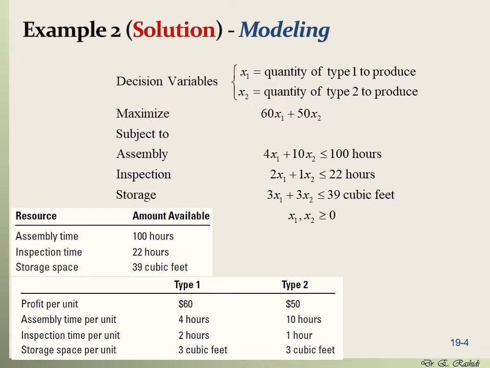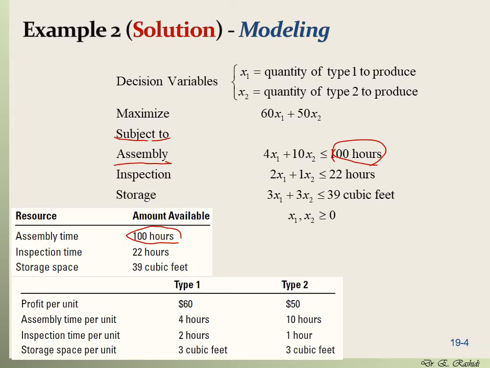Next we have the constraints, so subject to our constraints. The first is the assembly constraint. The total assembly time they have is 100 hours, so whatever assembly hours are spent on the computers should not exceed 100.